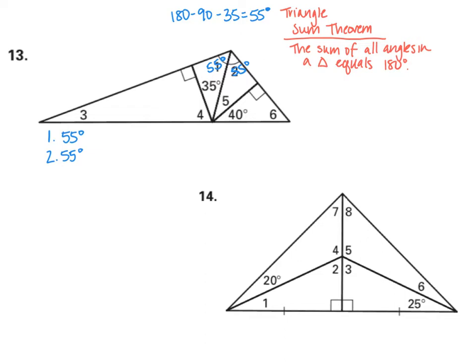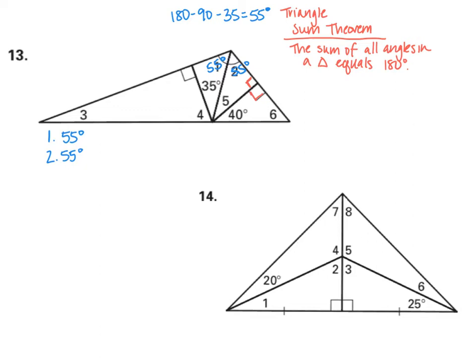So an easier angle to find next would actually be either angle 5 or 6. We can use this 90-degree angle here and this understood 90-degree angle here to find angle 5 and then angle 6.